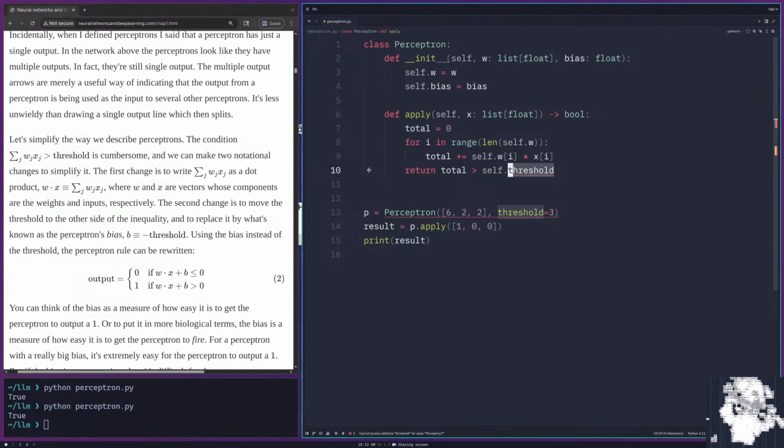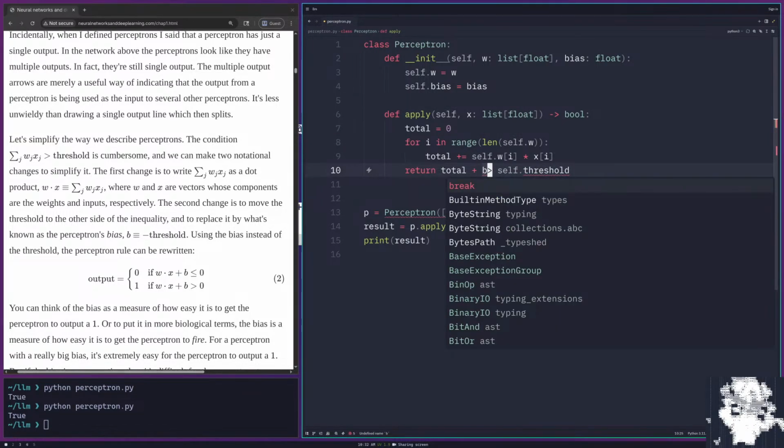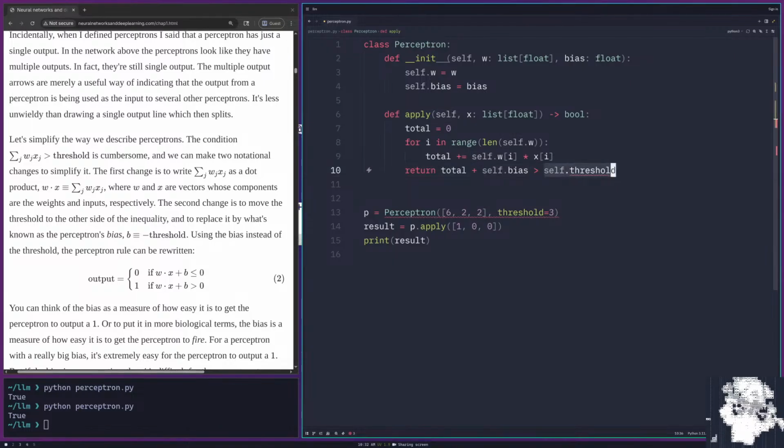Instead of checking if we're greater than a threshold, we're going to check if this plus bias is greater than 0. Apart from that, it's the same.